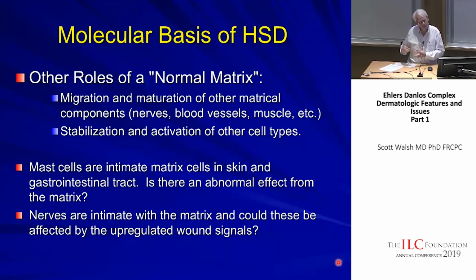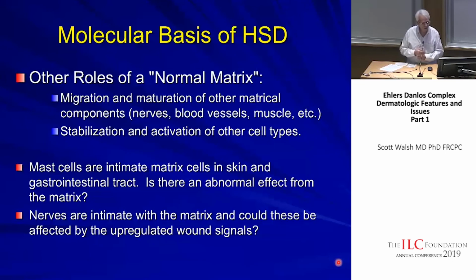And so it's not surprising that mast cells seem to be hyper-responsive in Ehlers-Danlos. Mast cells are intimate matrix cells in the skin and in the GI tract, as we heard, at the barrier between environment and us. And so is there an abnormality in the matrix in this wound-type response that has an effect on the mast cells?